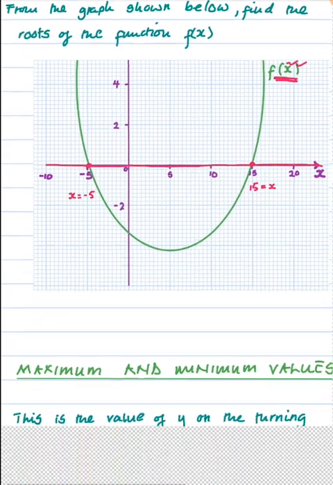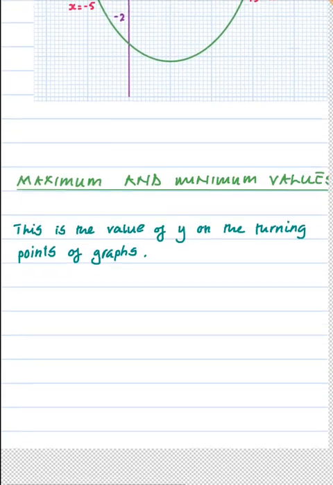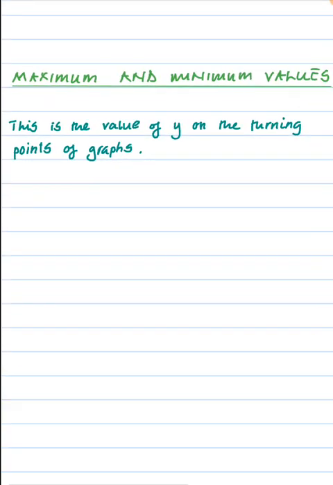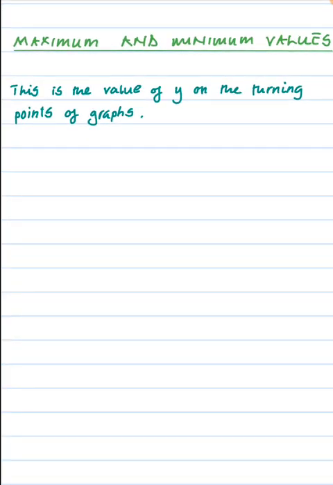Then we look again at the maximum and minimum values. So the maximum and minimum values are maxima and minima. This is the value of y at the turning points of graphs.